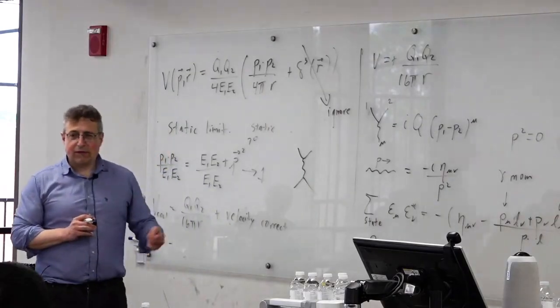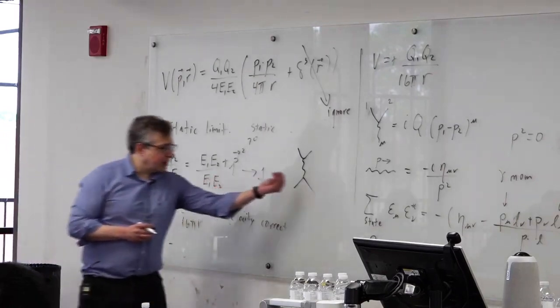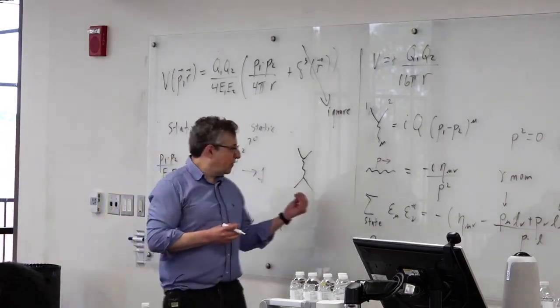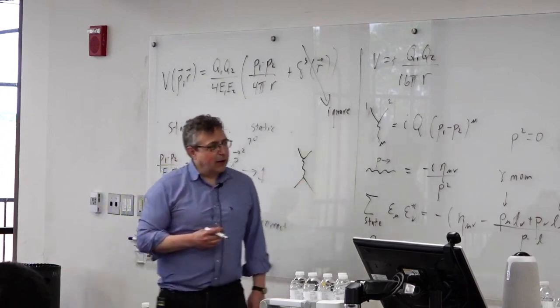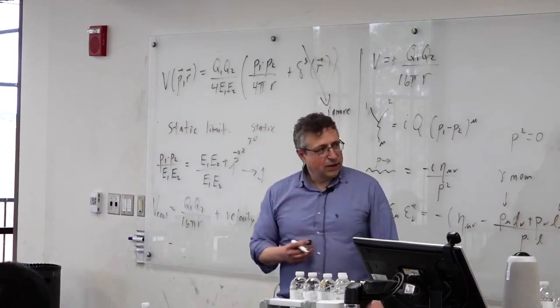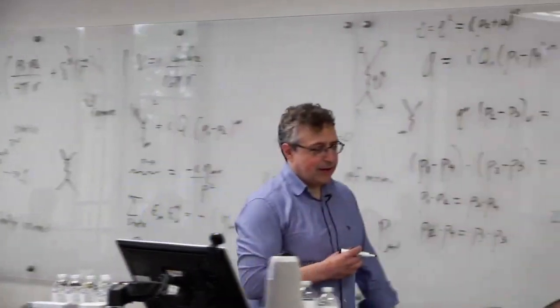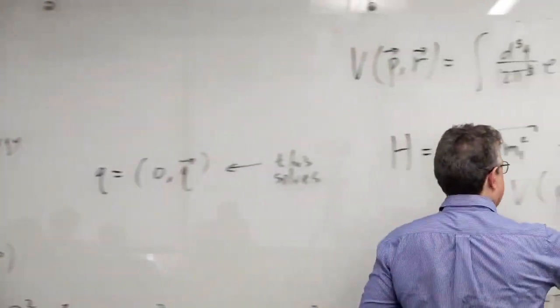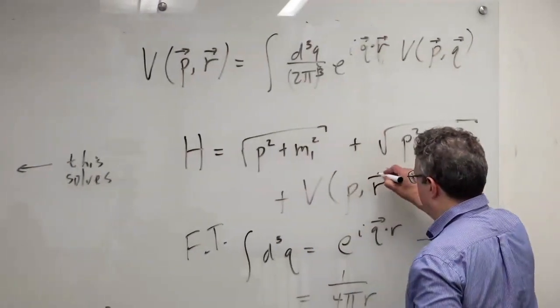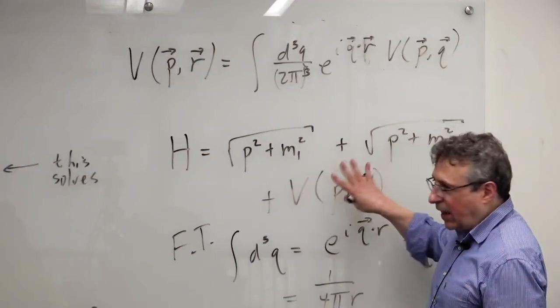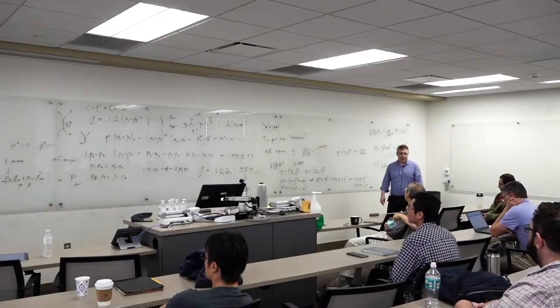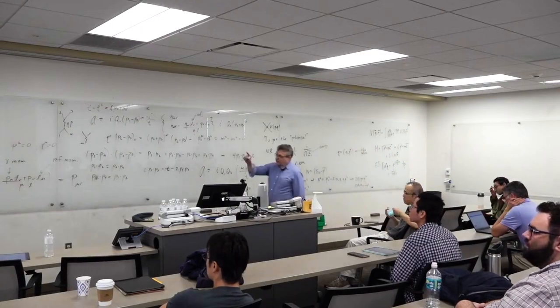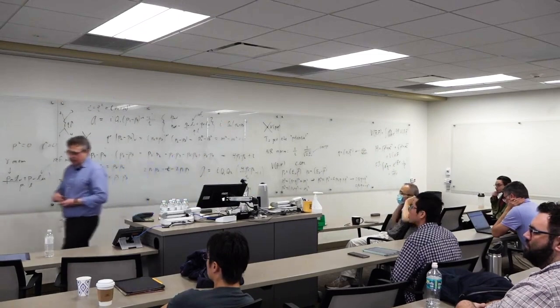The answer is everything, because the potential lives right here. This gives us that potential, and once we have the potential, we have the Hamiltonian. If I have a Hamiltonian, I can do any classical physics I like, valid to this order of perturbation theory.